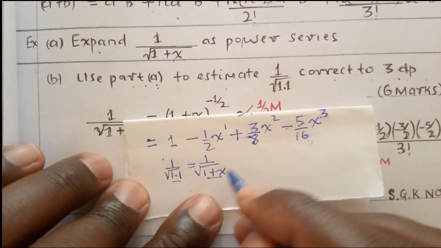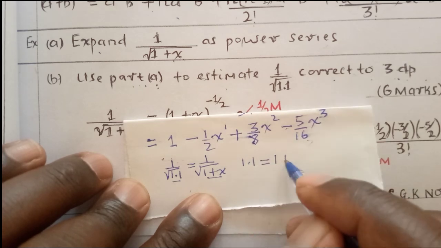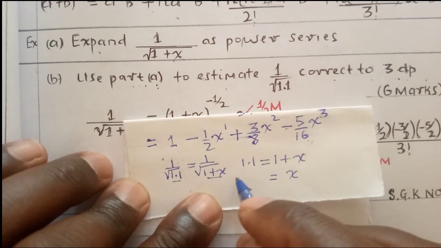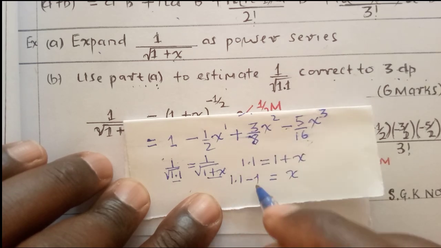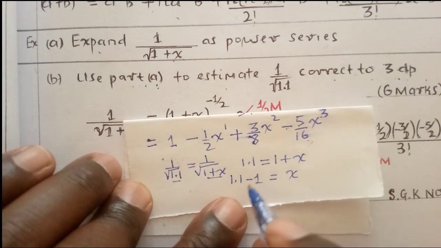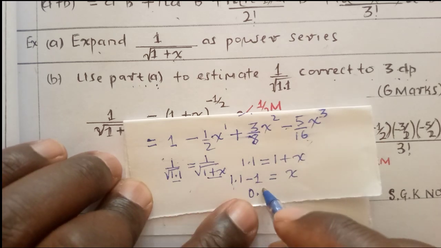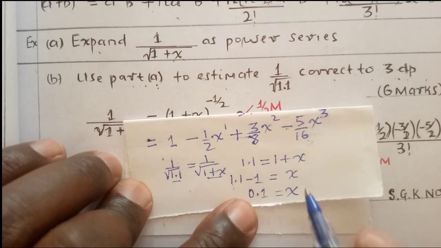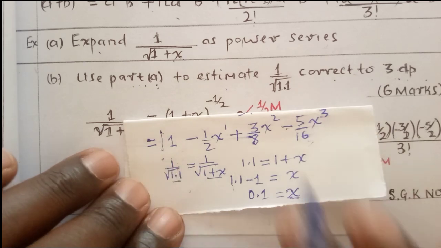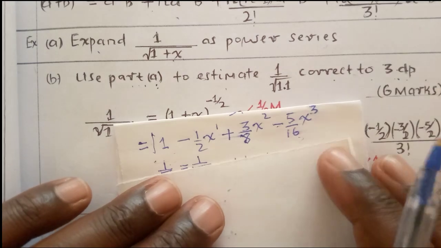Let's find x. 1.1 is equal to 1 plus x, so x is equal to 1.1 minus 1, which gives 0.1. And so this is what we are going to put into our equation.